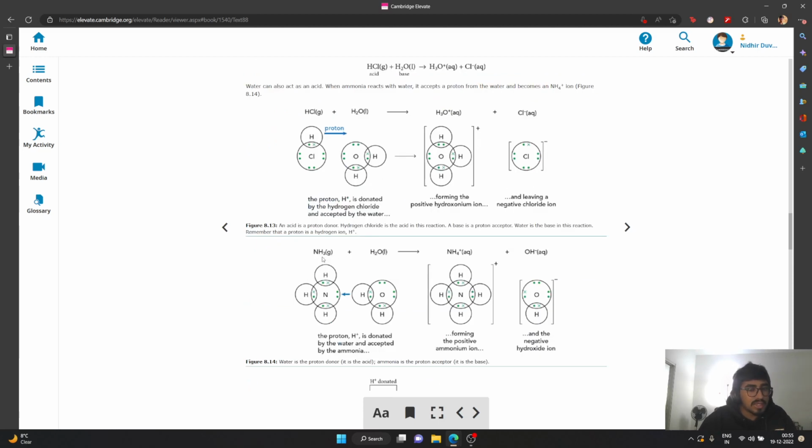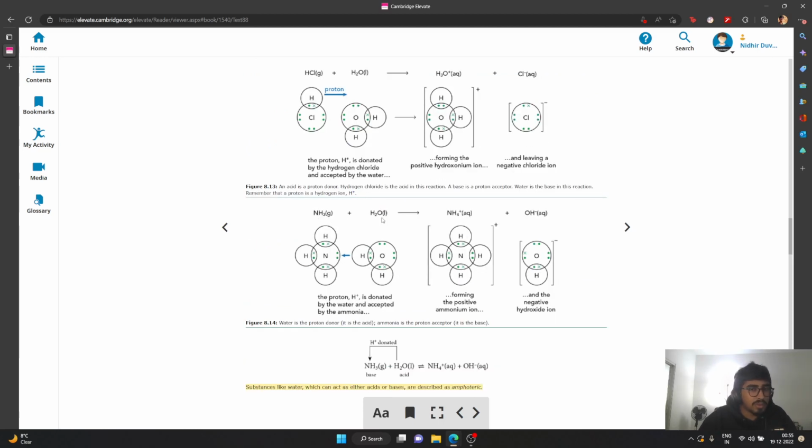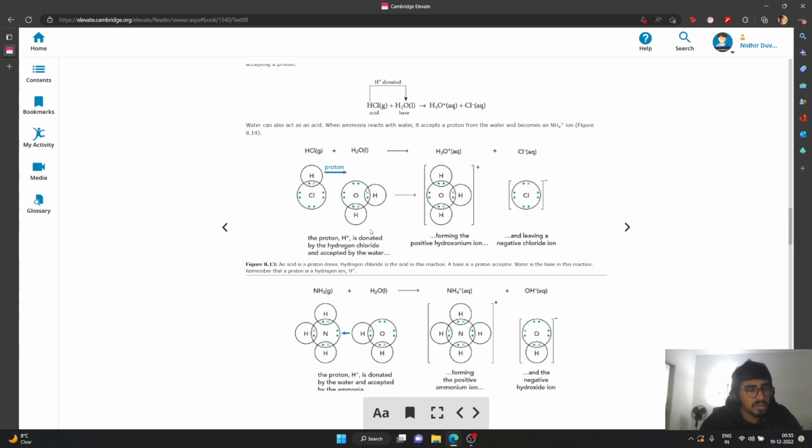In a similar case, if you look at this aqueous ammonium formation, this H plus now goes from here to this, and this accepts an H plus to form this. So in this case, NH3 is the base, and this is the acid, consistent with what we were discussing earlier. Funnily enough, in one case H2O was accepting the H plus, so it was acting as a base.